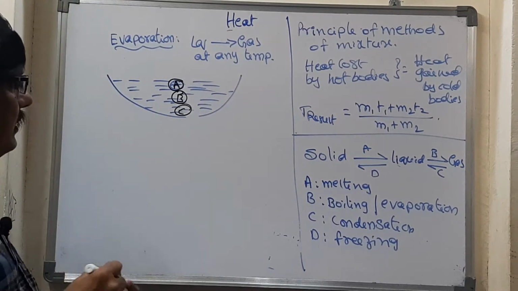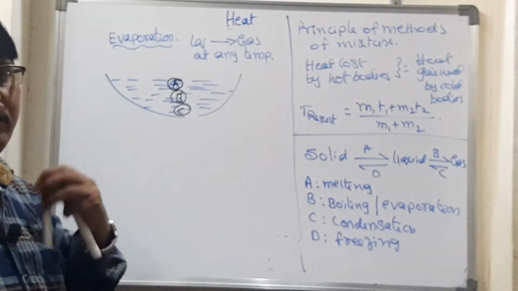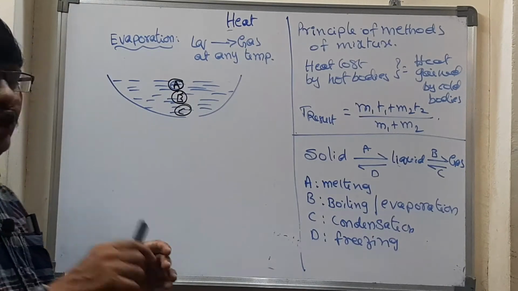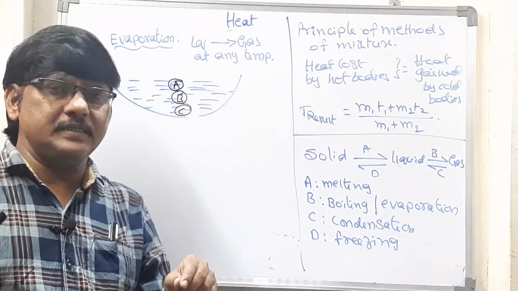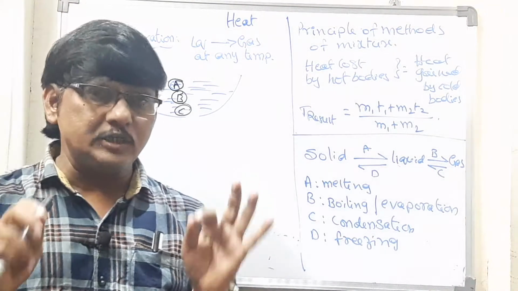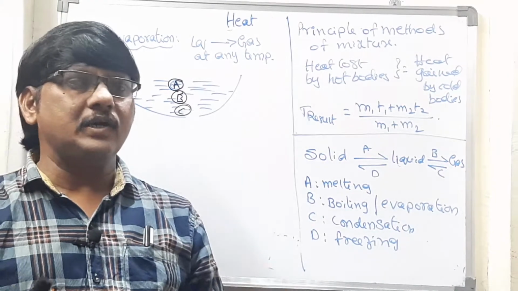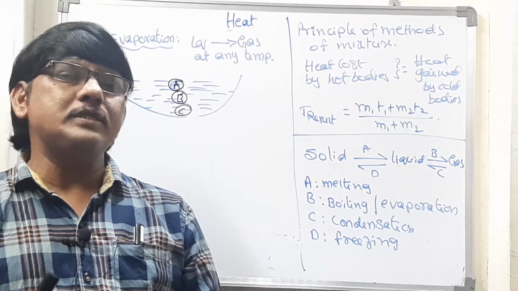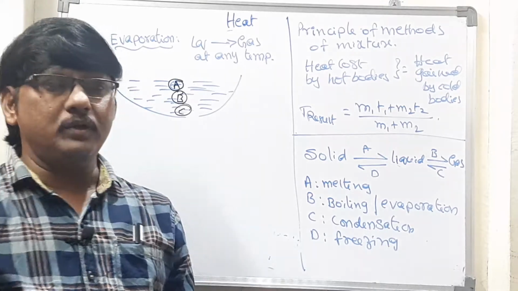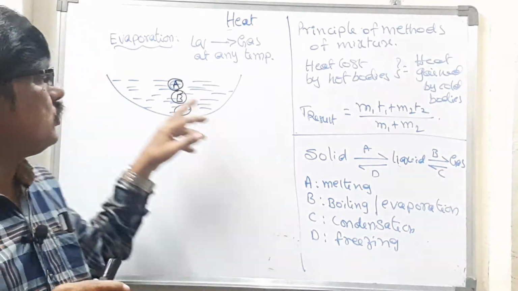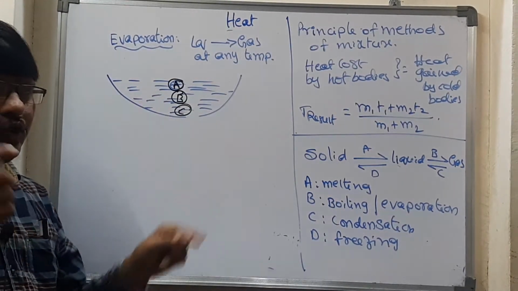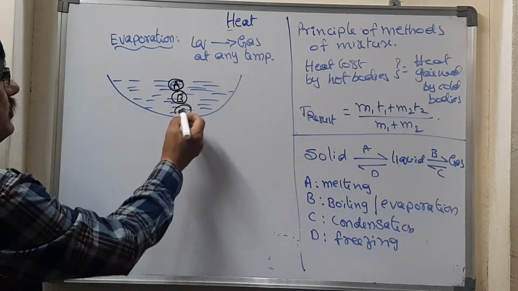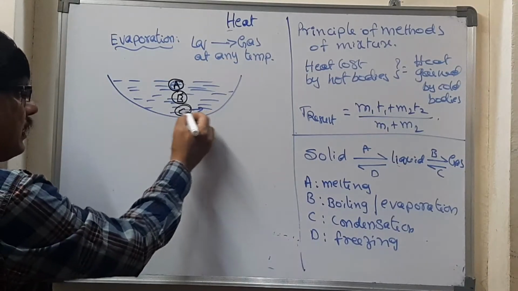Three molecules are there, and according to the kinetic theory of gases, every matter consists of molecules. Those molecules are randomly in motion, they move randomly in all directions. Here also the molecules are randomly in motion. Because of that random motion, C is moving in all directions.